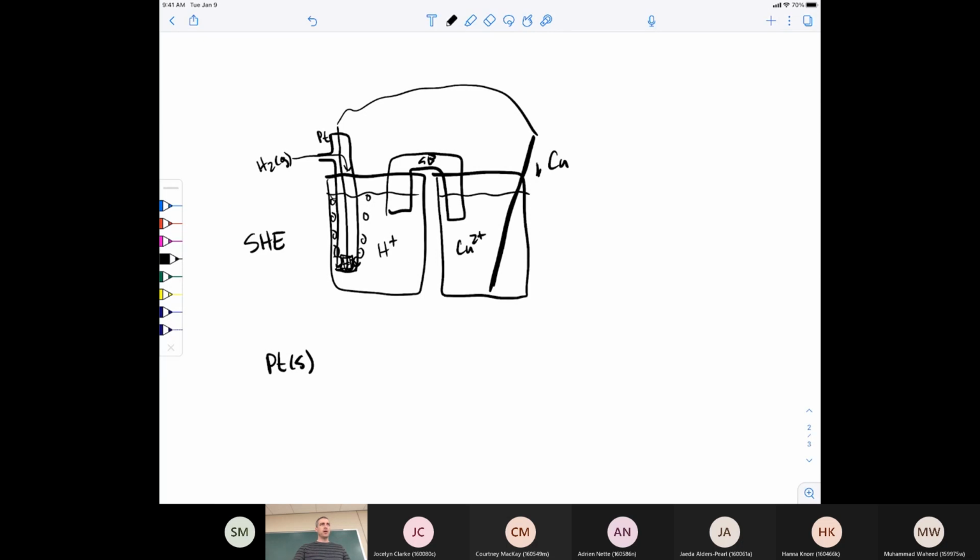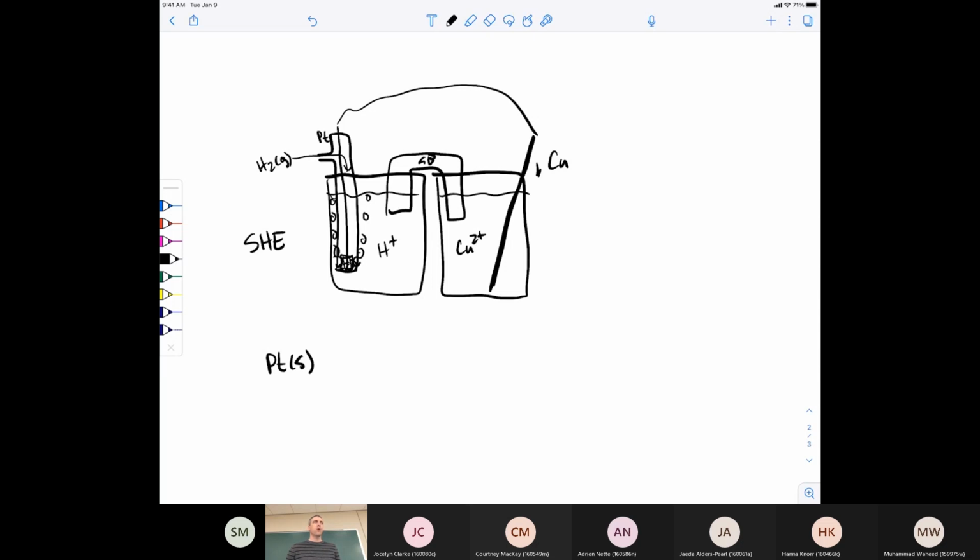Nothing gets deposited on the electrode, and the electrode itself doesn't react away as the reaction proceeds. Now we have a phase change, and two different species reacting at this electrode in two different phases. One is hydrogen, which is a gas, and the other is H+, which is aqueous.